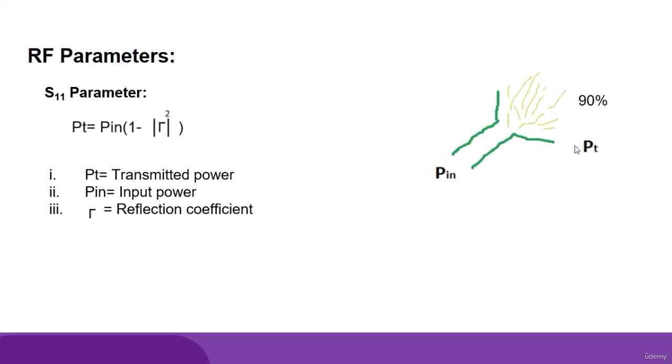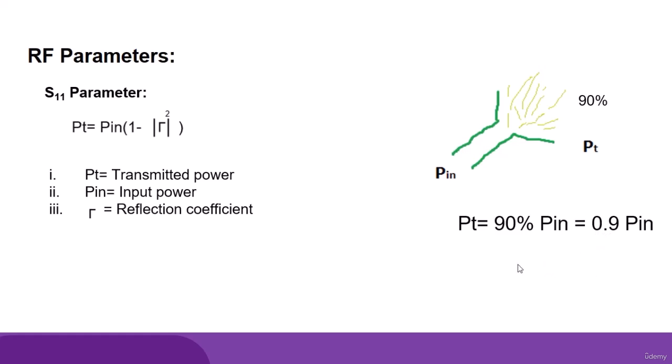In such an ideal scenario, P_T would be 90% of P_IN, the input power, because 90% of the power is transmitted out of the total 100, which equates to 0.9 times P_IN. Substituting the value of P_T into this equation yields 0.9 times P_IN equals P_IN times tau squared.